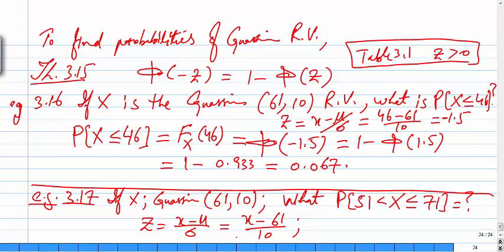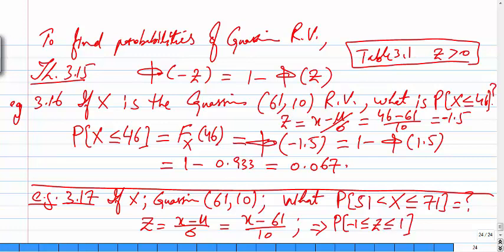So from here, when we put 51 and 71, when we put 51 it becomes minus 1. So this implies that this is equal to the probability of, when we put 51 here, minus 1 less than z and less than or equal to 1.